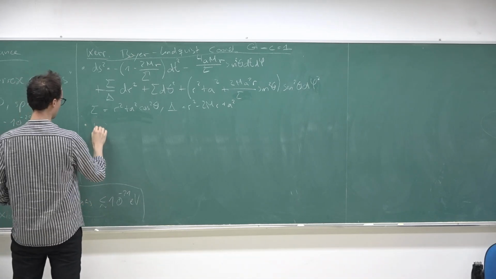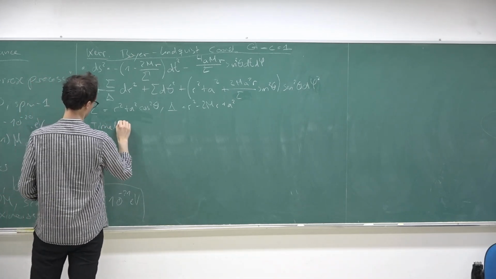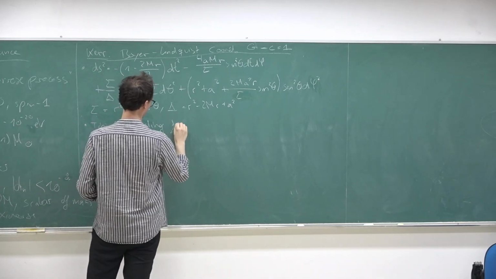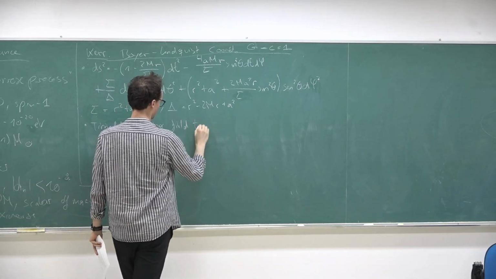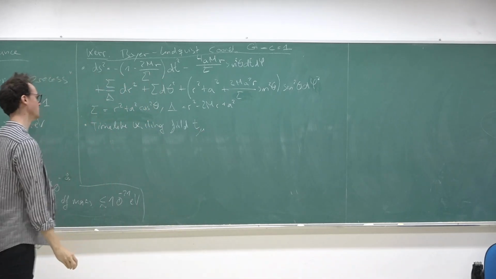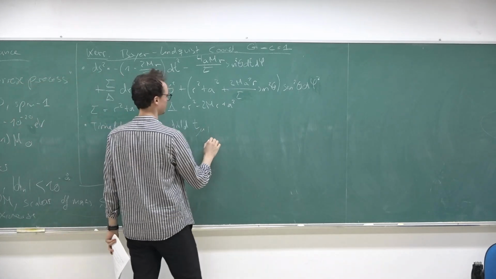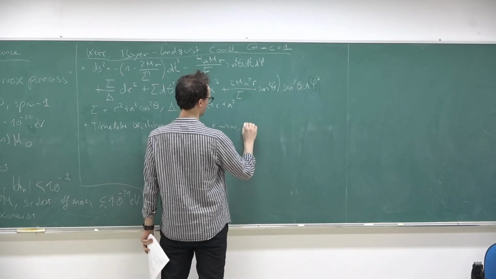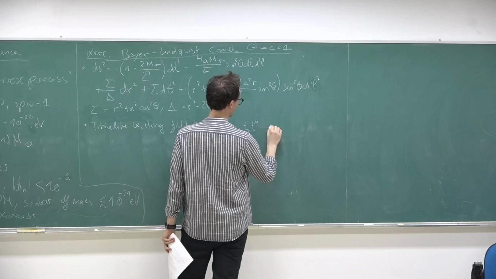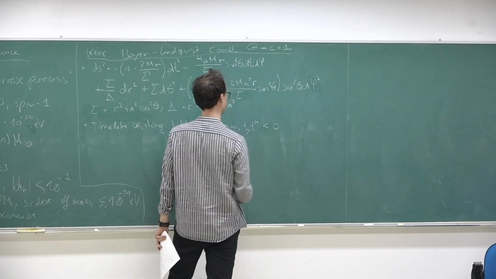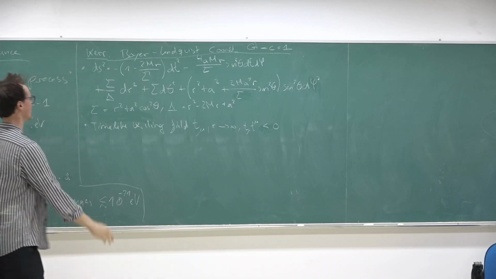Okay, so there's a time-like Killing field. But it's time-like only asymptotically. So basically what this means is that as r goes to infinity, the Killing field becomes time-like.